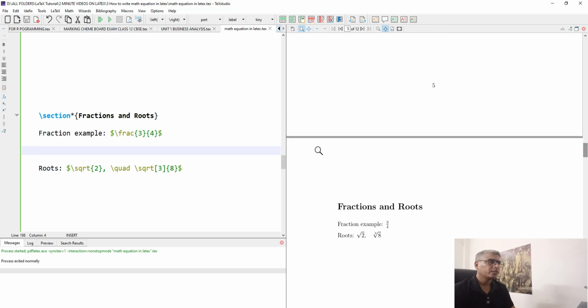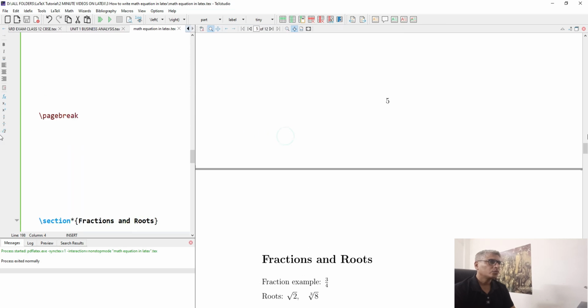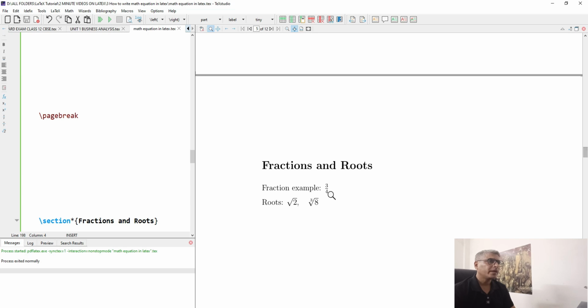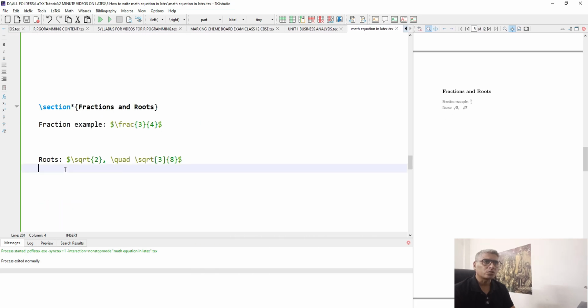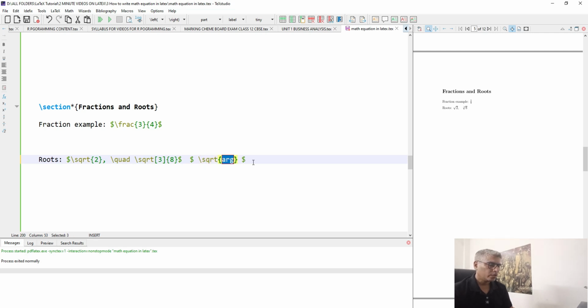You can see that 3 by 4 is in the form of a fraction. Similarly, how to write roots? You write the double dollar symbol, and in between you write \sqrt, as we discussed earlier. You can write 14 here, and let's see the result.